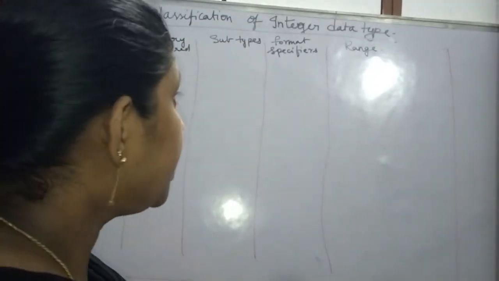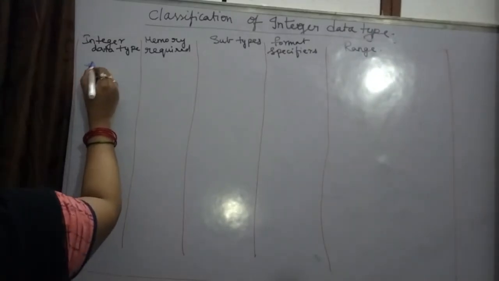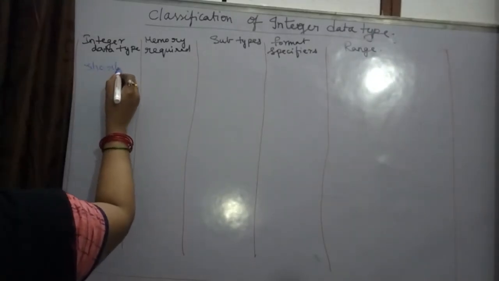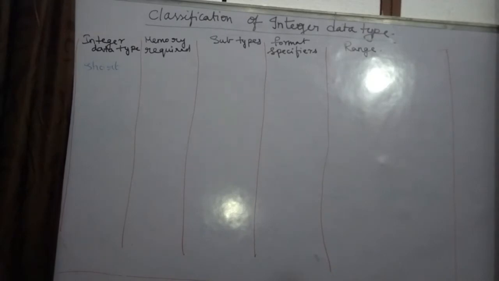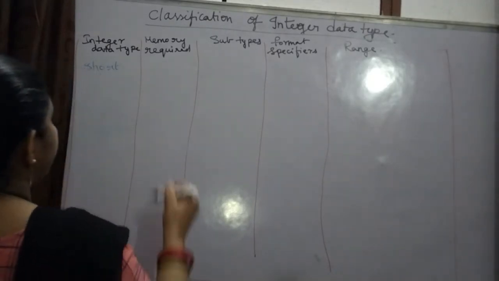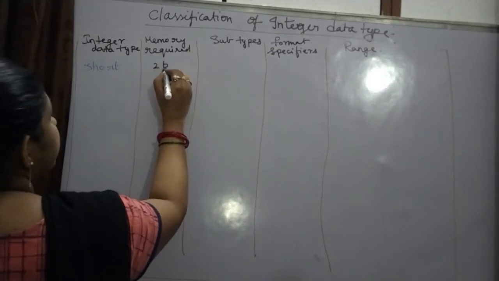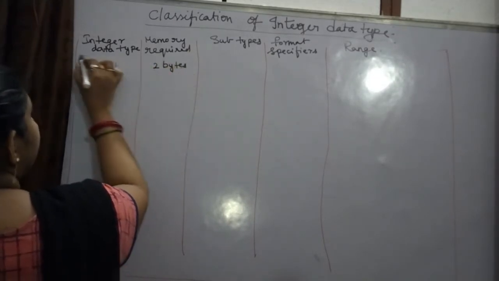Okay, now the first one is short, right? For this short, the memory required is 2 bytes, right?